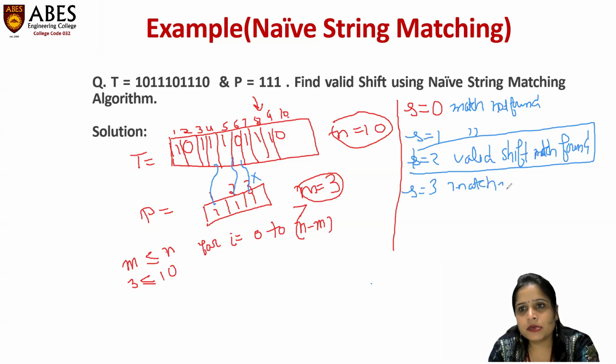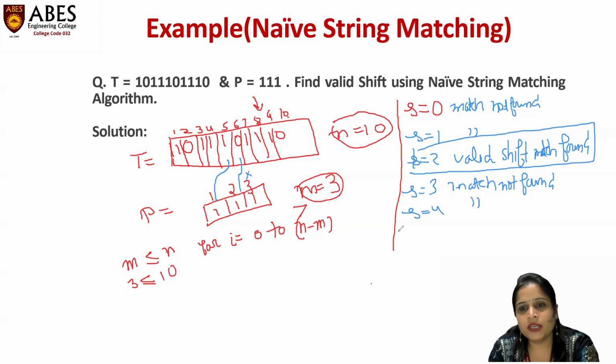Right? Then again we increment the value of s by 1. For s equals 4, again we iterate. In case of s equals 4, the next value is T of 4 plus 1, and T of 5 to P of 1 match, T of 6 to P of 2, match not found.